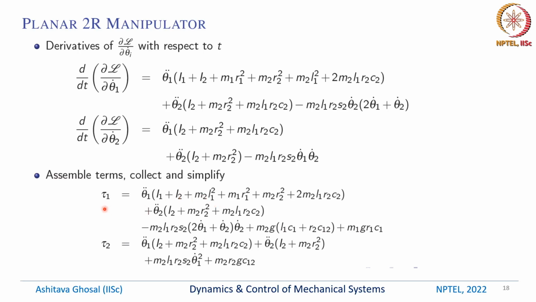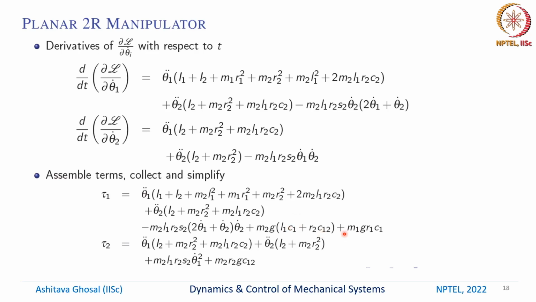And once you do all that, skipping a few steps, you can show that the equation of motion is tau 1 is theta 1 double dot into something plus theta 2 double dot into something, and then you will get this m2 L1 R2 S2 theta 2 dot square plus 2 theta 1 dot theta 2 dot, and then we have these gravity terms which are coming from the partial of the potential energy with respect to theta 1 and theta 2.